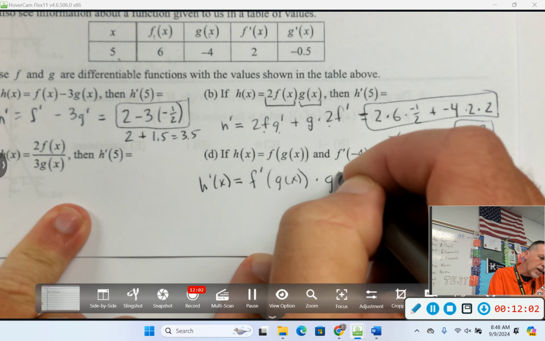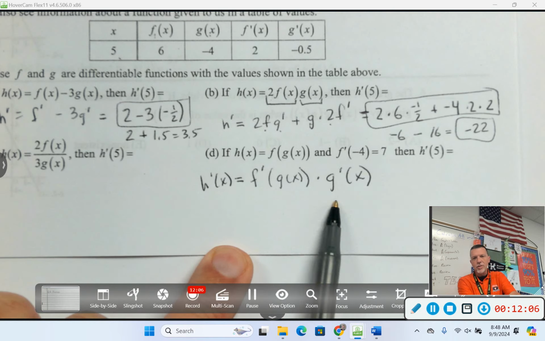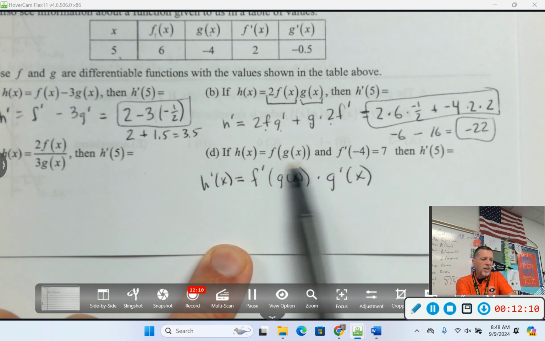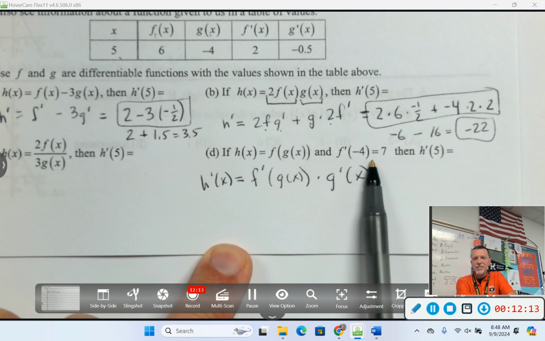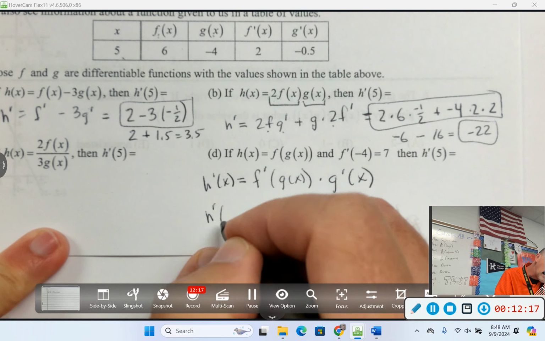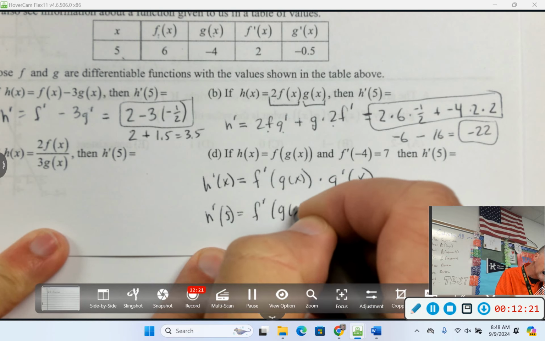And then multiply by G prime of X. This time I'm putting the X's in there because this one's a little more confusing. And yes, it's at 5, but there's something about F prime of negative 4 is 7. Somehow that matters. Maybe that matters. So let's plug in 5 for X.